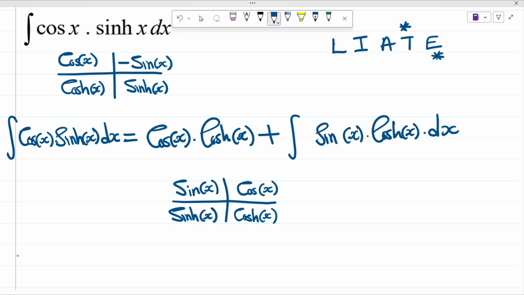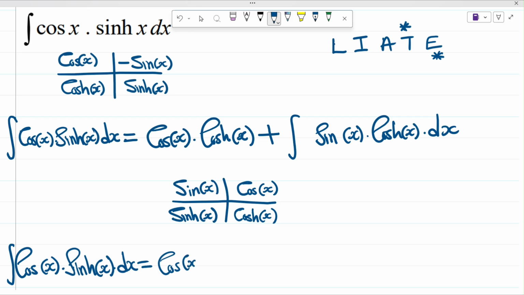So okay, I'm going to copy down everything here. So this is going to be cos of x multiplied by hyperbolic sine of x dx, which is going to be equivalent to, so I still copy my cos of x multiplied by the hyperbolic cos of x, and then I say what?